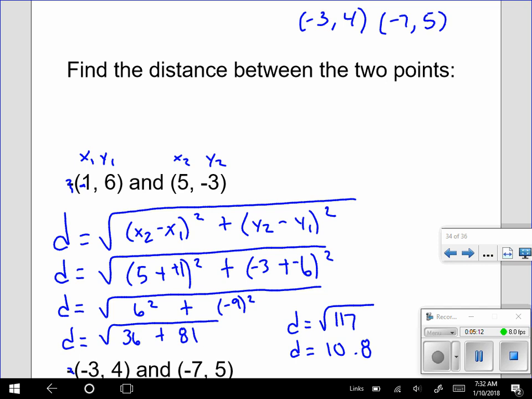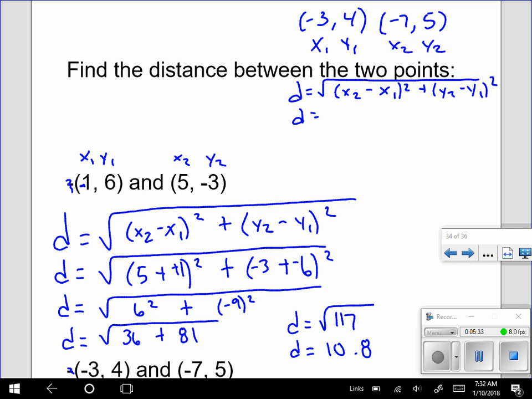Okay, so I'll write the formula because I'm going to write the formula every time to help me. I have x2 minus x1 squared plus y2 minus y1 squared. Plug in my pieces; if I need to, I write x1, y1, x2, y2 to help.